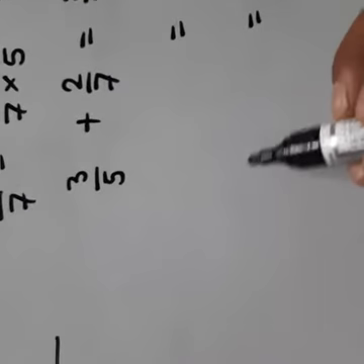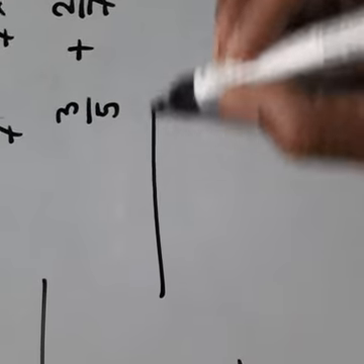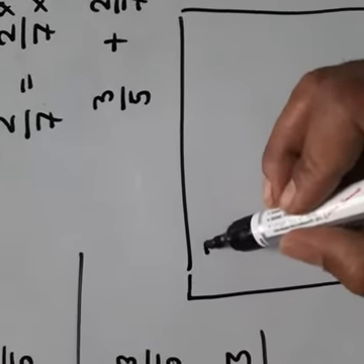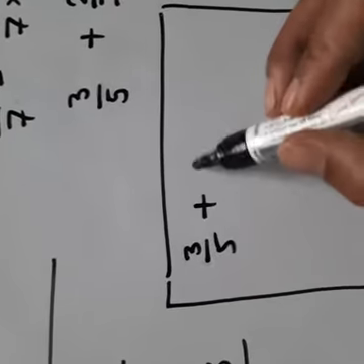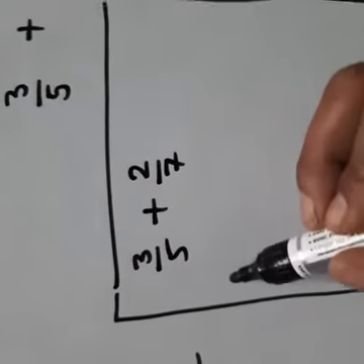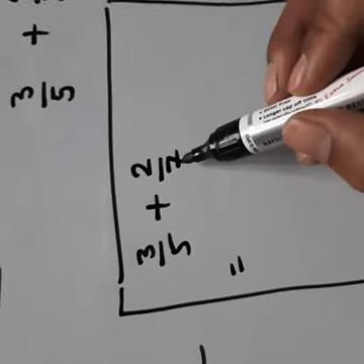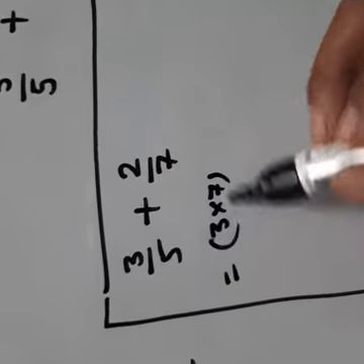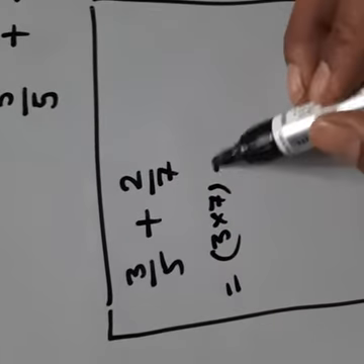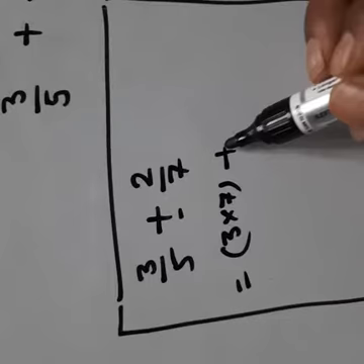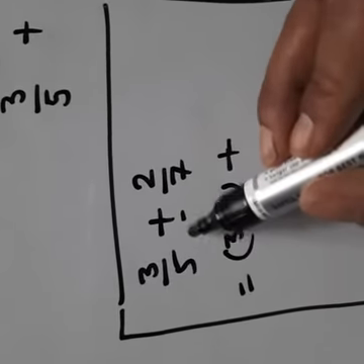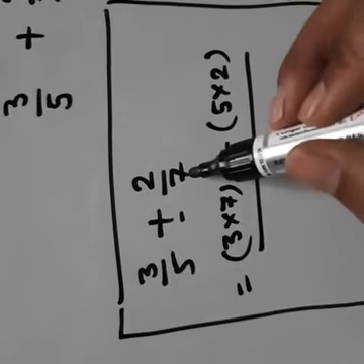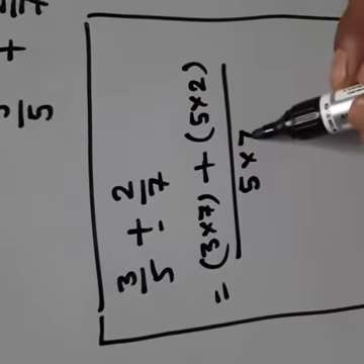You could also do the same question another way, student. The other way is what I have already told you, that we can also solve this question by cross multiplication. So students, if you cross multiply, how to cross multiply? 7 into 3. So you will multiply 3 by 7, plus sign, as it is given, you have to put plus sign here. Now 5 into 2 on the other side, and in the denominator you have to multiply both the denominators 5 and 7.